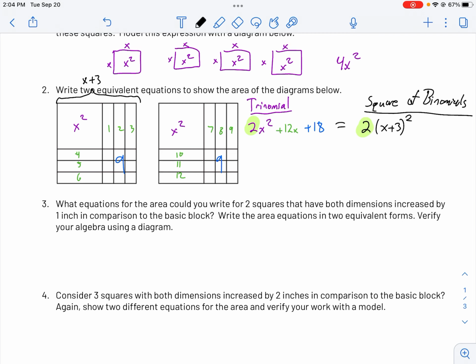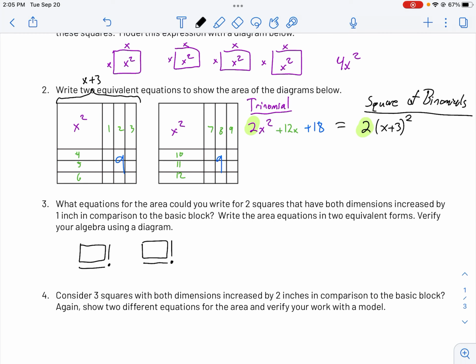I'm going to start with the diagrams. So we have our basic block, and then it is increased by 1 inch. So I'm going to draw 1 and 1. And there are 2 of these, so there's another one over here, 1 and 1. And I need to complete the square, so I need 1 extra dot on each of those.